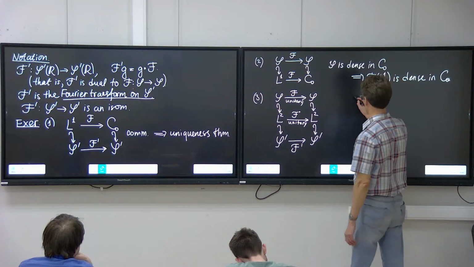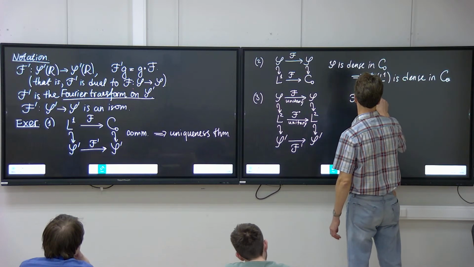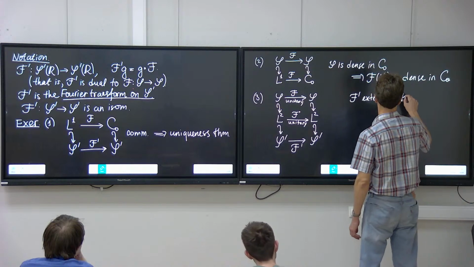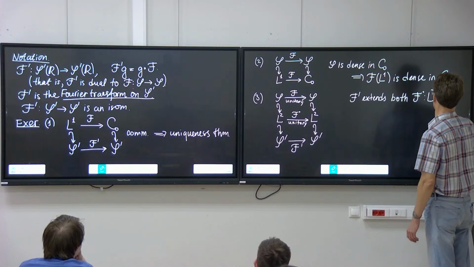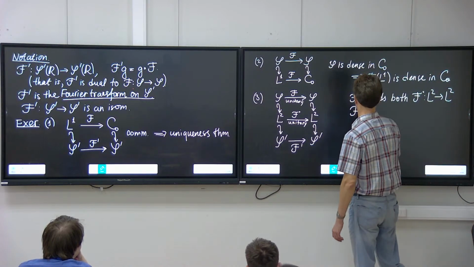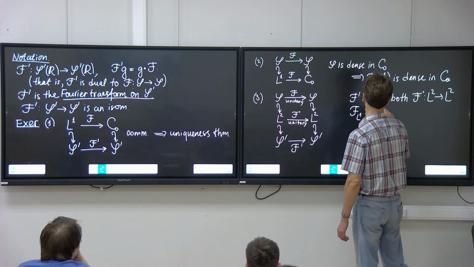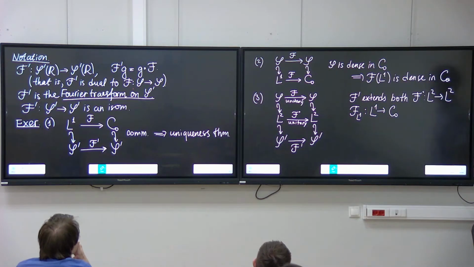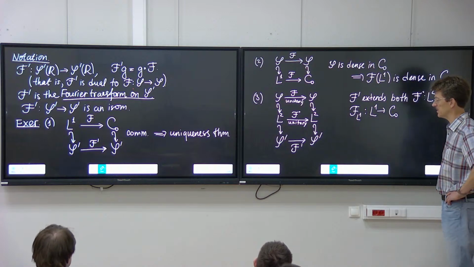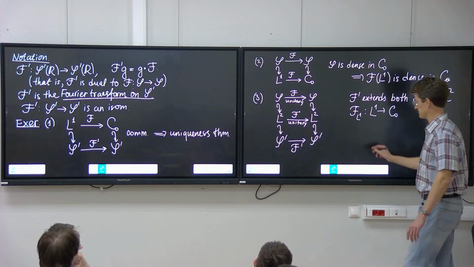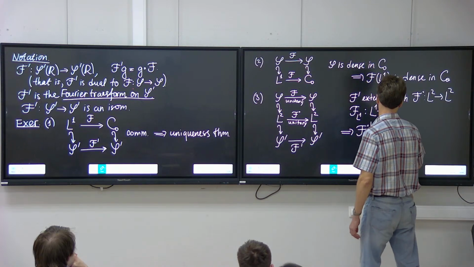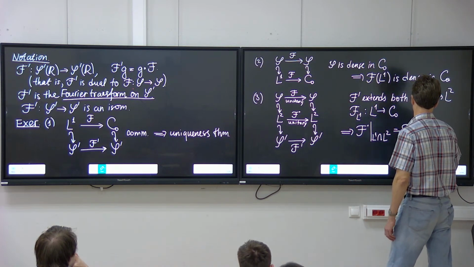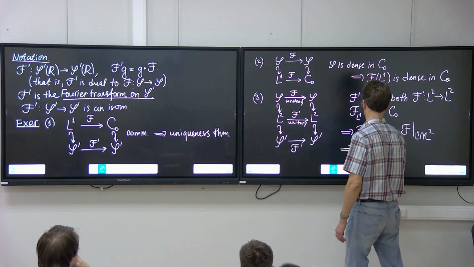So as a result, we see that F prime extends both F dot, which is defined on L2, and the classical Fourier transform defined on L1. And that's it. This shows that F dot and this Fourier transform agree on the intersection of their domains. And this is exactly the Plancherel theorem.